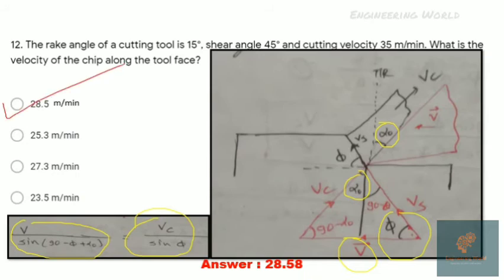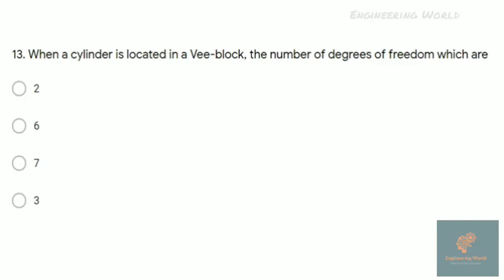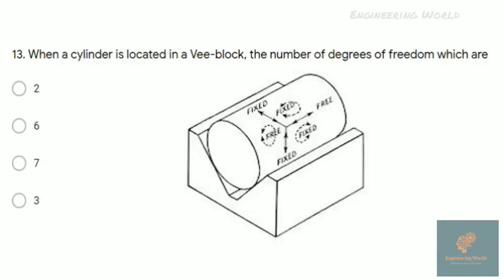Then the next question, when a cylinder is located in a V-block, the number of degrees of freedom which are restricted. I am showing this one is a cylinder. Here this one is fixed because it can't go down. These two are also restricted.